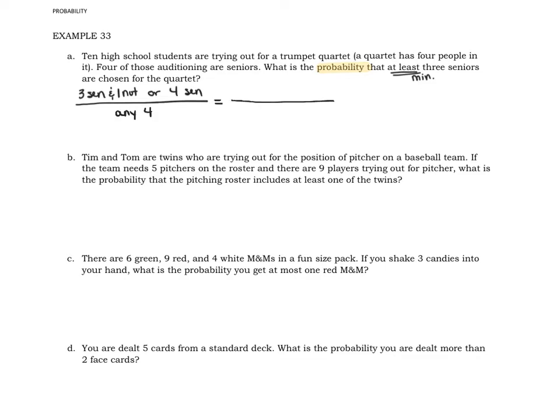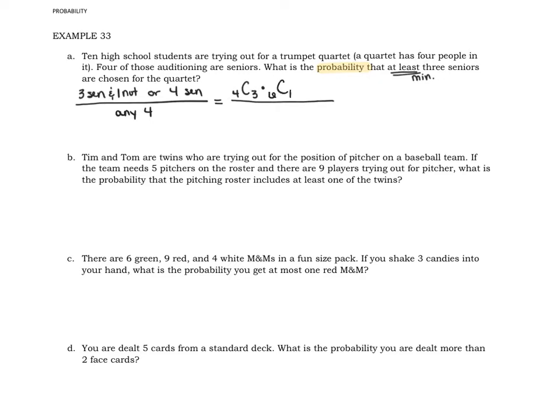So from here, now we're going to set up the combination part of this. Again, the order in which they're selected to the quartet doesn't make any difference. So 3 of them are seniors that we're going to choose. There are 4 auditioning. So out of those 4 auditioning, we would choose 3 of them to be in the quartet, and there would be 6 students that are not seniors.